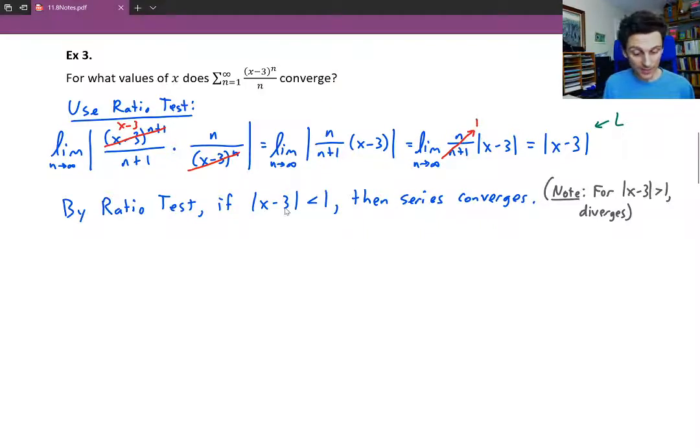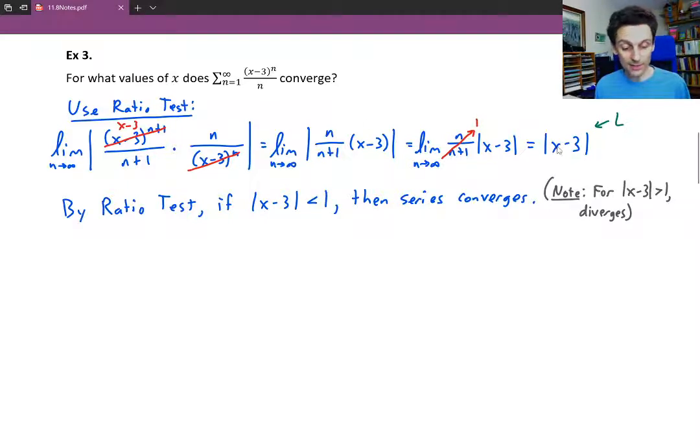So those are the values of x for which the series converges. But there's one case where the ratio test is inconclusive, and that's when the L value is equal to 1. So if the absolute value of x minus 3 is equal to 1, well then the ratio test is inconclusive and we have to use some other test.